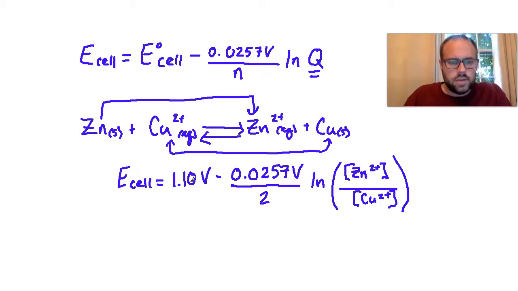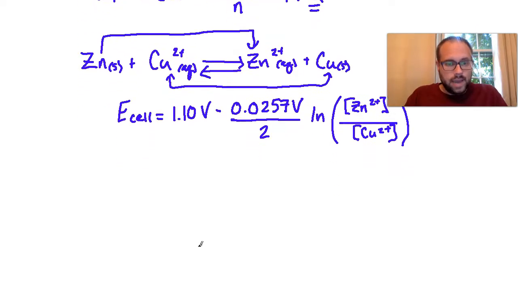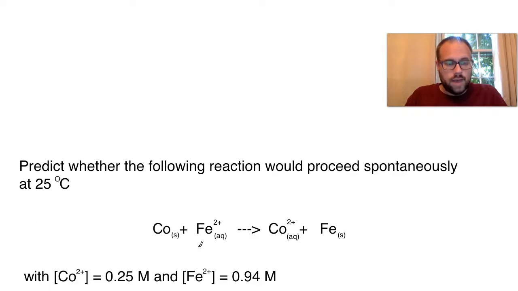All right. So this is a combination of Ecell standard as well as some of the material we were talking about in the thermodynamics and relating it to equilibrium. We put that all together, and then we can look at the concentration of products over reactants in a natural logarithm format. So now let's go ahead and take a look at an example where we are given some values.